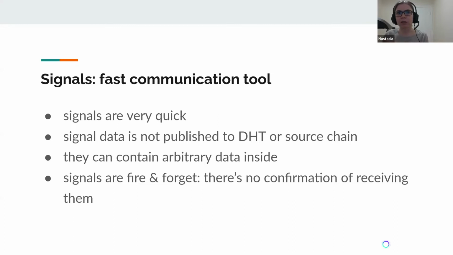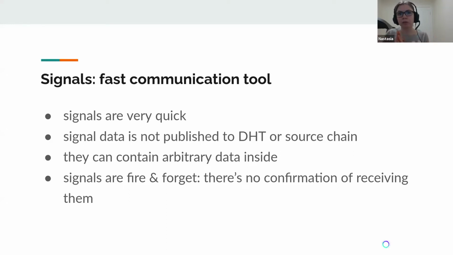And every signal can contain arbitrary data inside. So it's up to you as a developer to define what kind of data can be sent in a signal. You can use them as a way to quickly exchange some data, which is not mission critical and can be lost if something goes wrong.